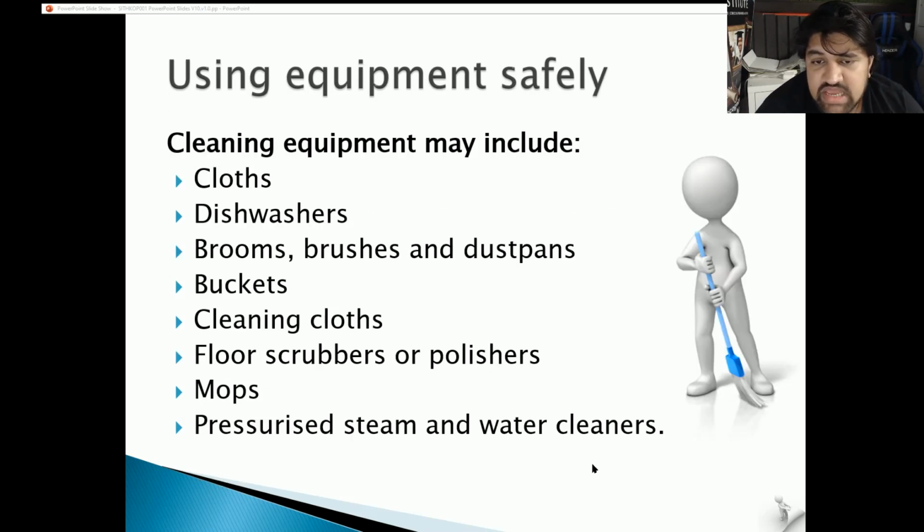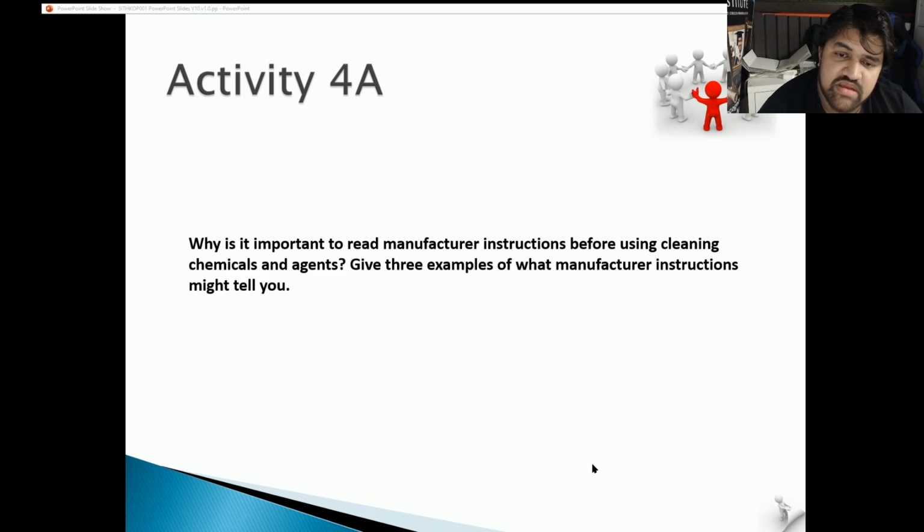Cleaning equipment may include cloths, dishwashers, brooms, brushes and dustpans, buckets, cleaning cloths, floor scrubbers or polishers, mops, pressurized steam or water cleaners. Why is it important to read manufacturer instructions before using chemicals and agents?